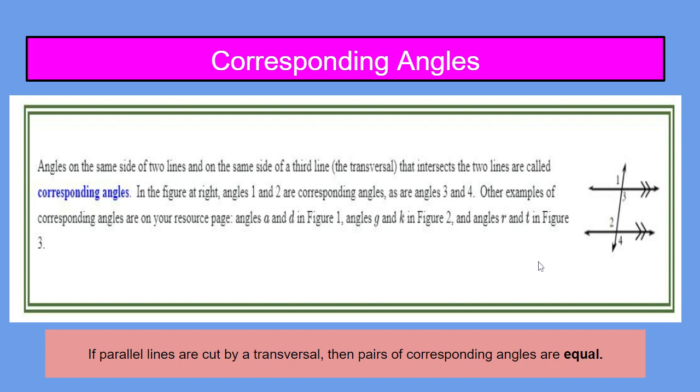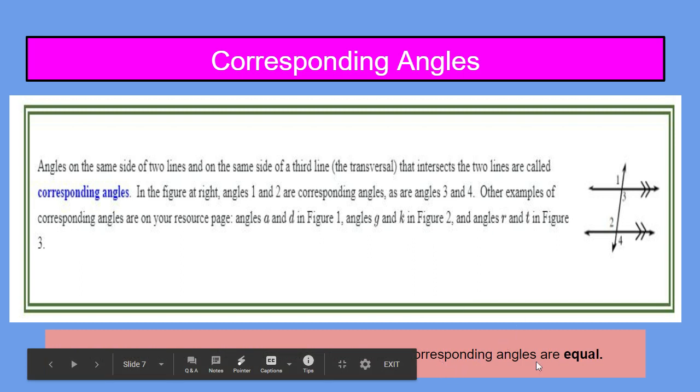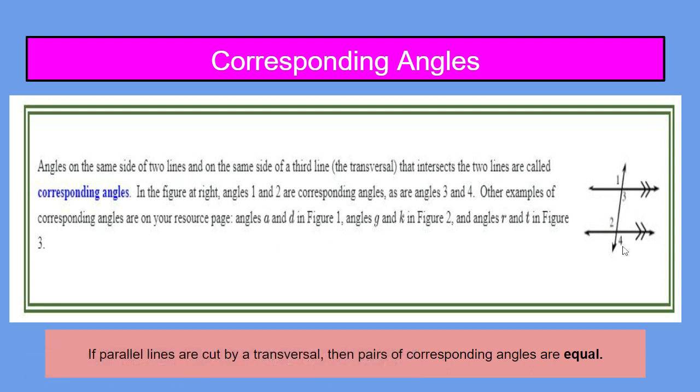Okay. Now, what we know about corresponding angles, the reason we're learning about them, is because they're equal or congruent, and that gives us a lot of good information. So here we can see these diagonal angles because 1 corresponds to 2 and 3 corresponds to 4, and 1 and 3 are vertical and 2 and 4 are vertical.